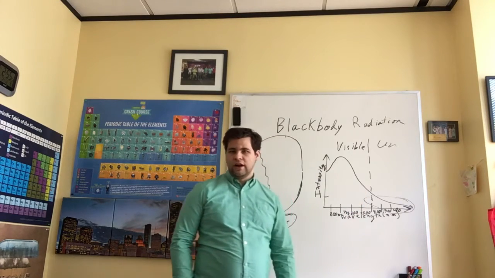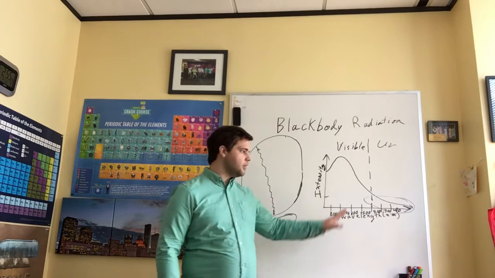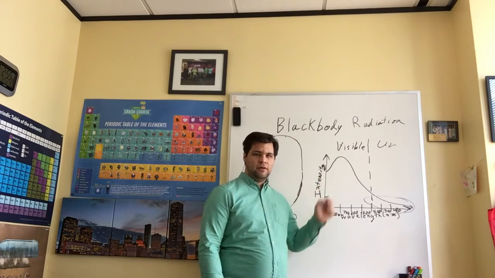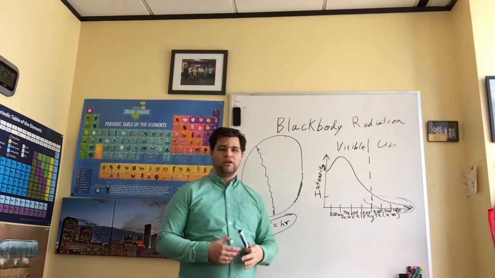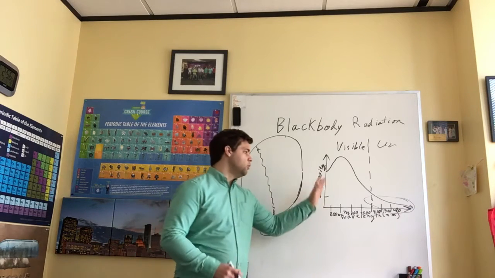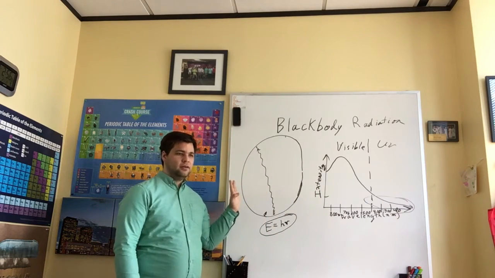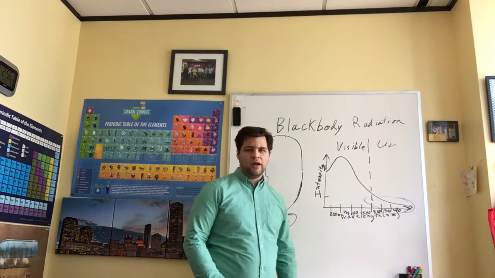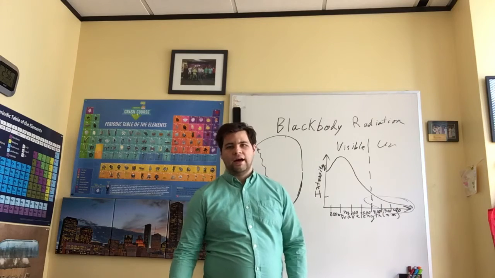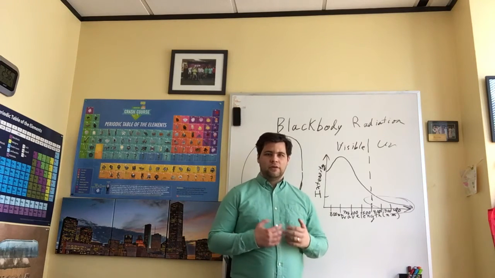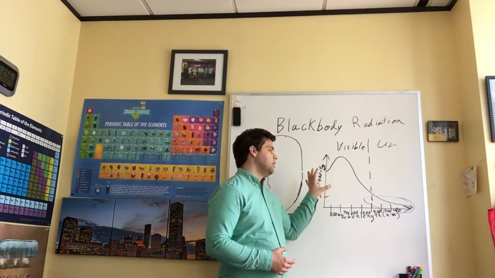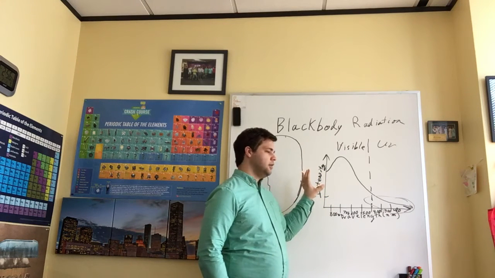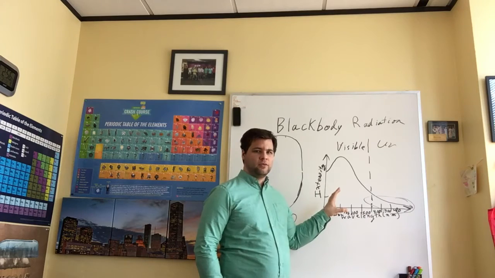In fact, for an everyday object, most of the light that's being emitted is going to be infrared, so way off on this side, not even on the graph. So that helps explain how in day-to-day life this makes sense, and we can understand how this works.